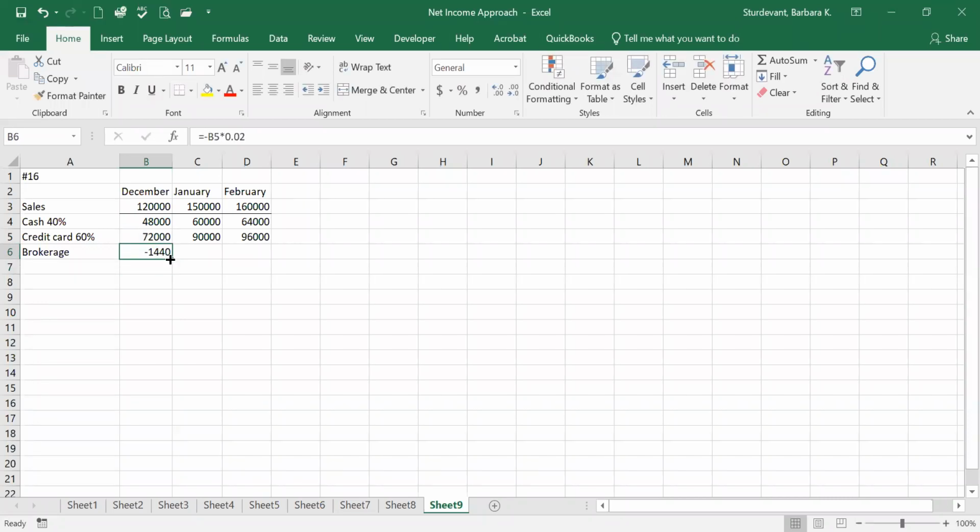So that's the credit card fee on those credit card sales. And that right there is the entire difference between the problems that you just did and this one. It's all about how you split up the sales. Everything else is going to be the same.